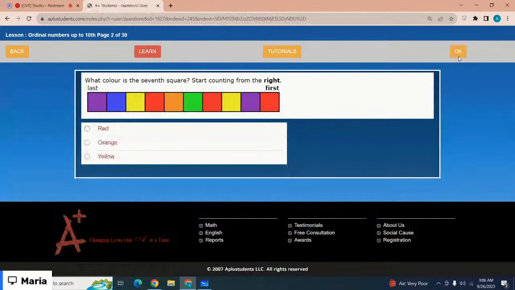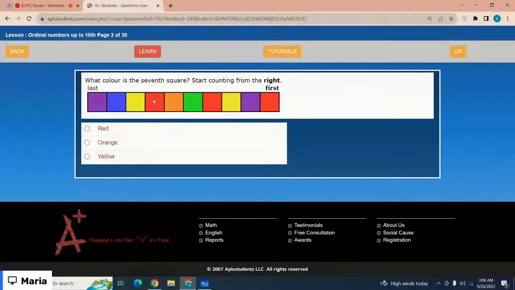What color is the seventh square? Start counting from the right. You have to count the seventh square. Which is the seventh square? First, second, third, fourth, fifth, sixth, and seventh.